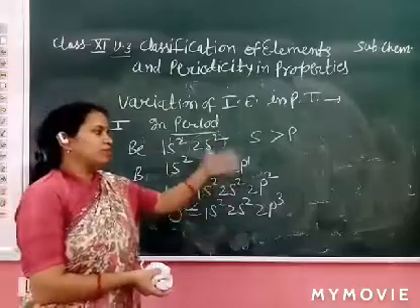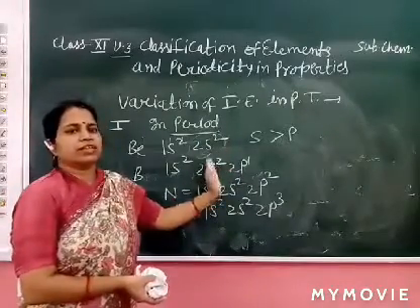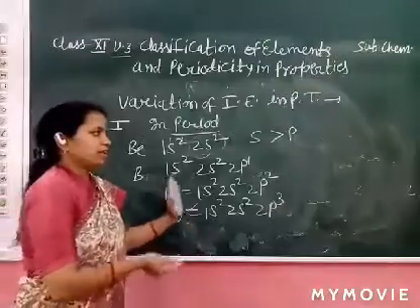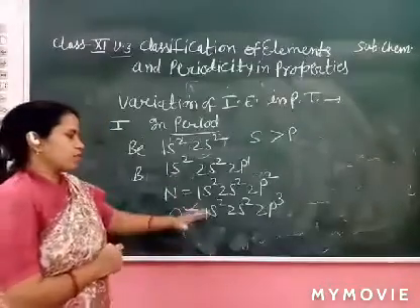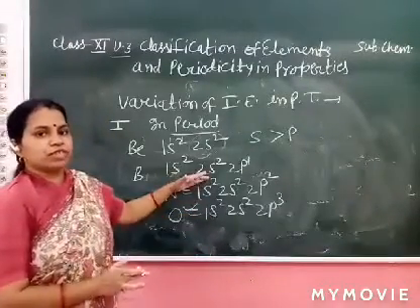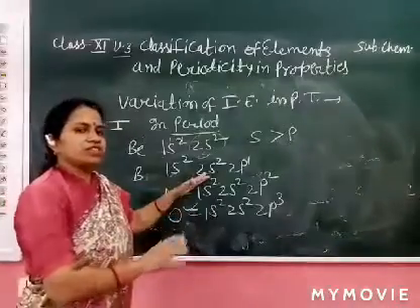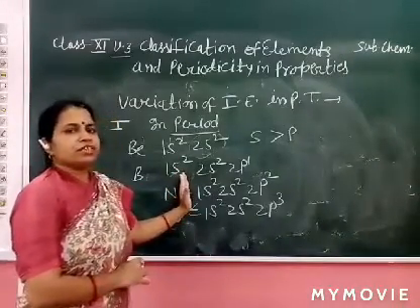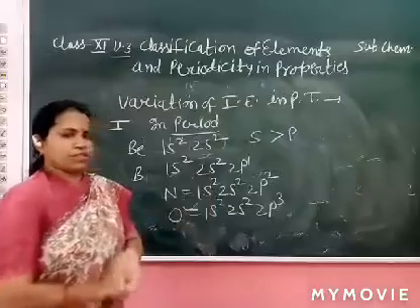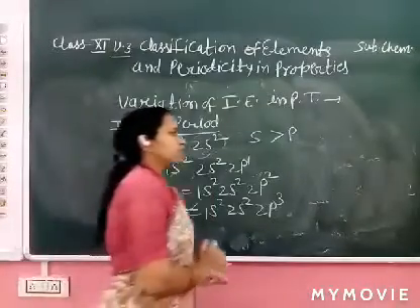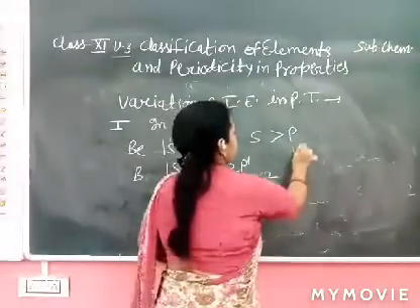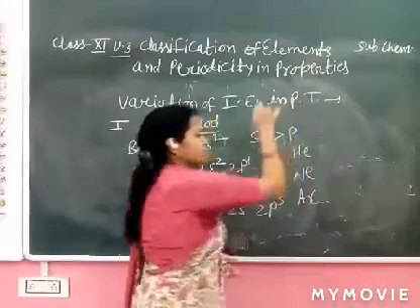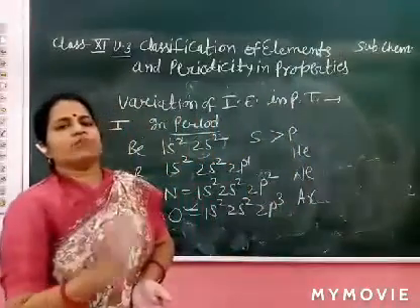Let's check by the electronic configuration. The second ionization enthalpy of oxygen is greater than nitrogen, but the first ionization enthalpy of nitrogen is greater than oxygen.